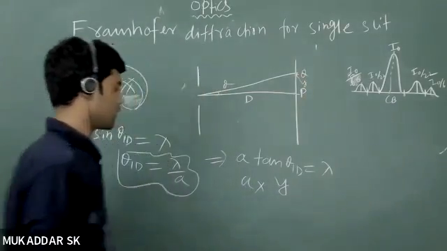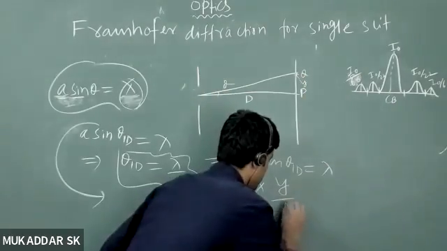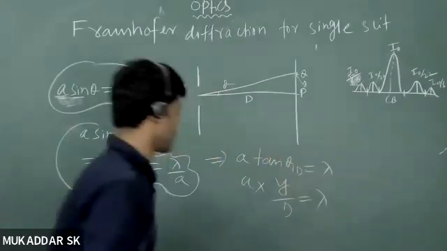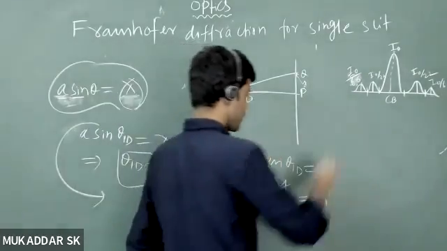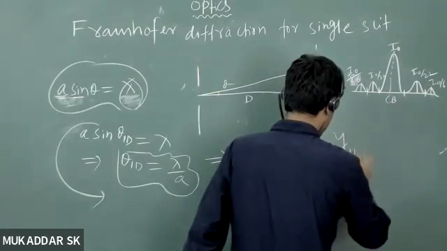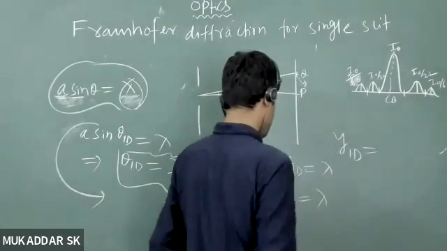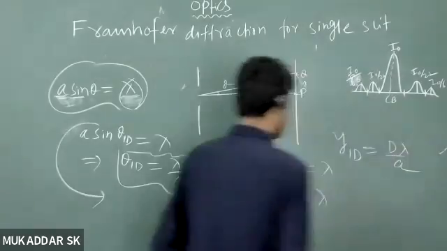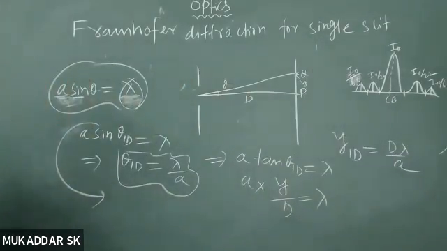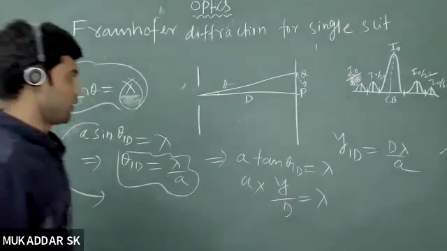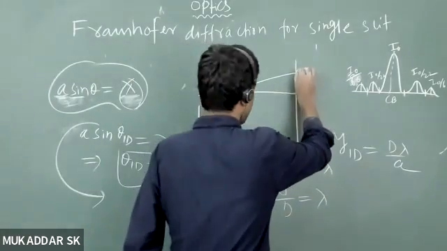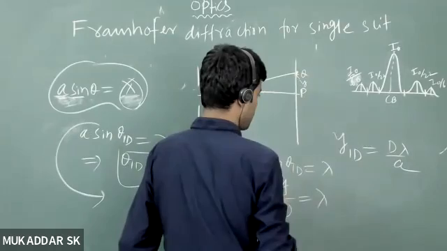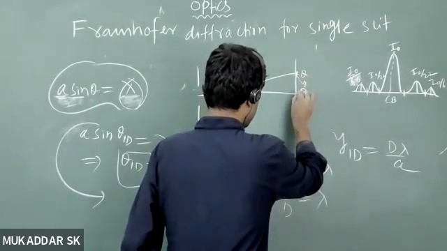So in place of tan theta I can write y by capital D, that should be equal to lambda. So from here you get y on D, the position of the first dark, that will be d lambda by a.